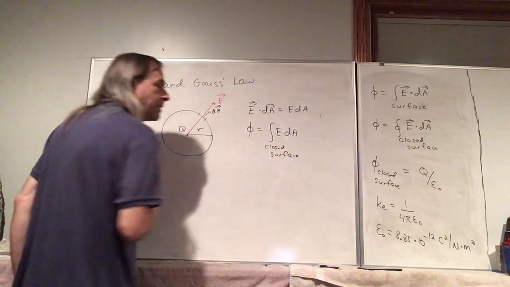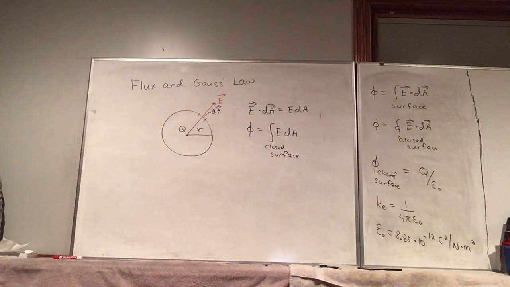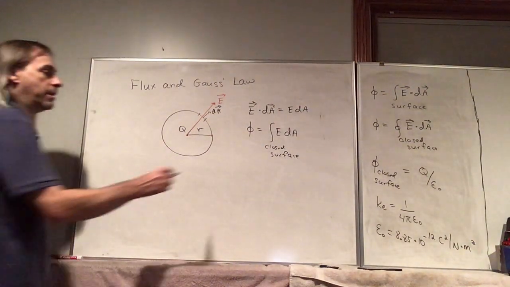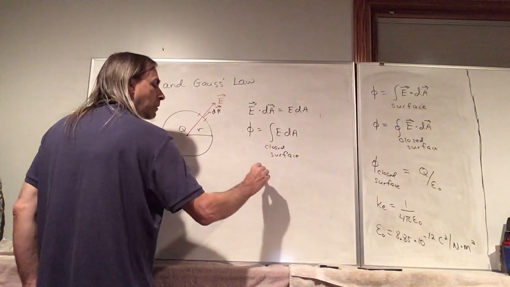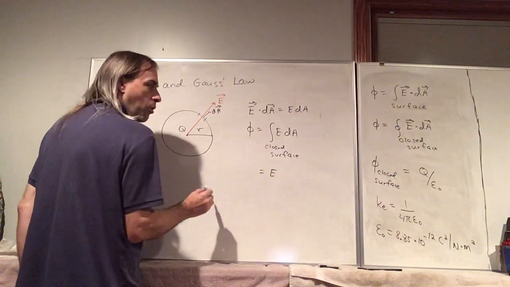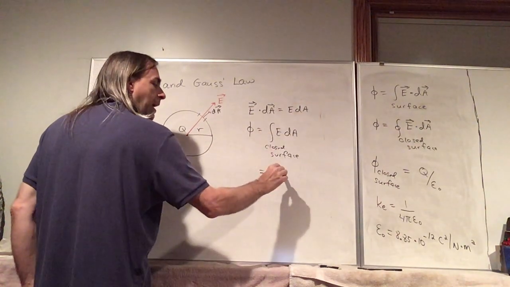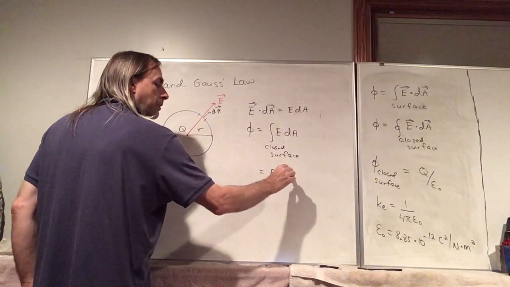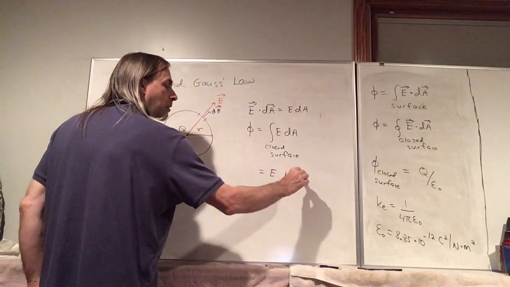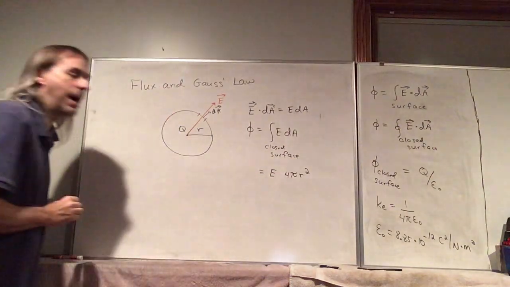So E is constant, and we can take that out of the integral, and then the integral of dA is just the area of the sphere, which is 4 pi r squared.